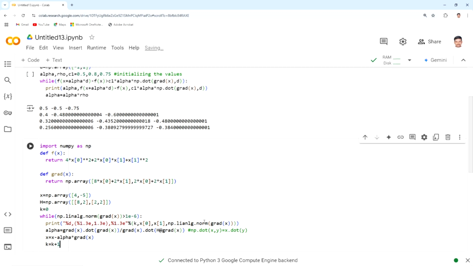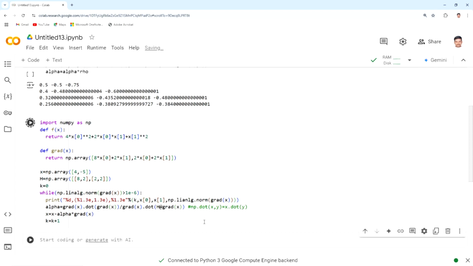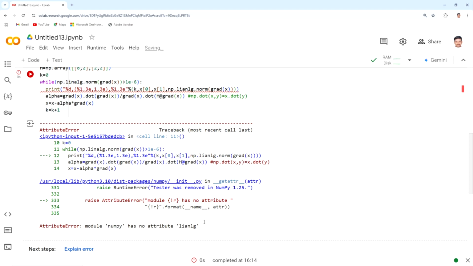Please note that for x 1 squared plus x 2 squared, the answer was obtained in one step. So, here I have 4 x 1 squared plus 2 x 1 x 2 plus x 2 squared. Let us see how many steps it takes. Oh, there was a spelling mistake.